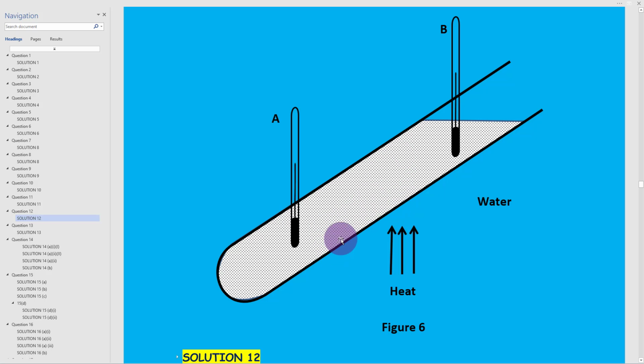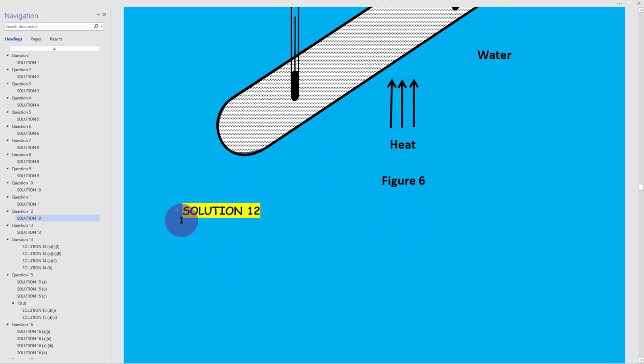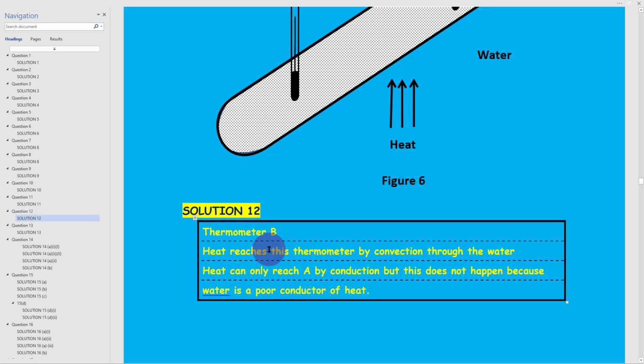The only way this water at this point where we have thermometer A can get heated is by conduction. But water is a poor conductor of heat, so this does not happen. So let's look at the solution that I had written down here, and this is it. Thermometer B will show a higher temperature rise.